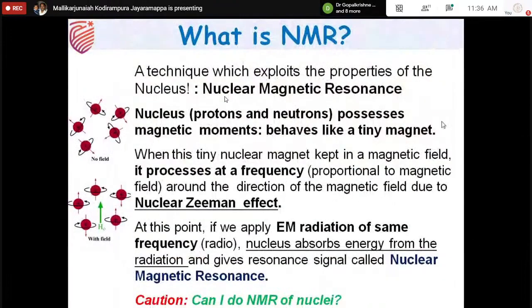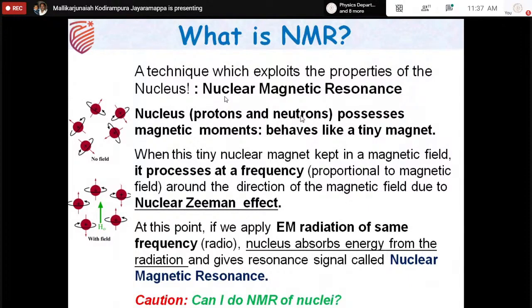Now, let us try to understand what this nuclear magnetic resonance is. In short form, we call it NMR, nuclear magnetic resonance. It is a spectroscopic technique which exploits the properties of the nucleus. All of us are very well aware that the nucleus consists of protons and neutrons, and that protons have charge, but neutrons do not.